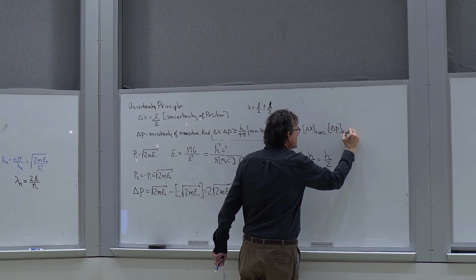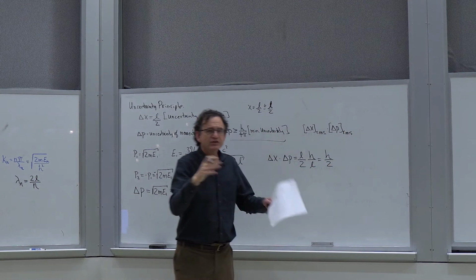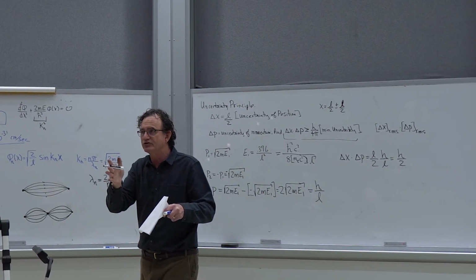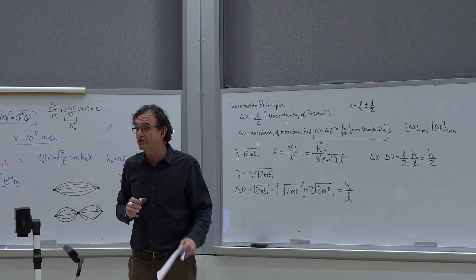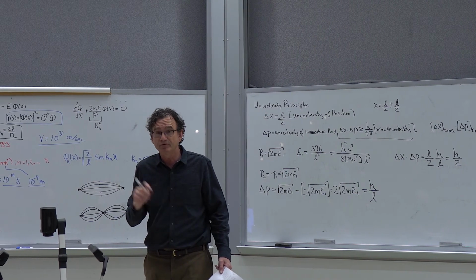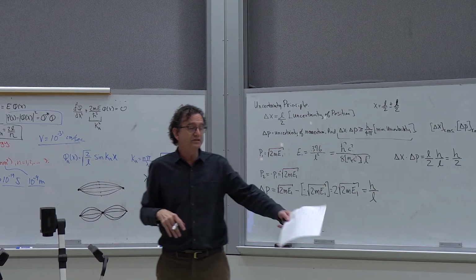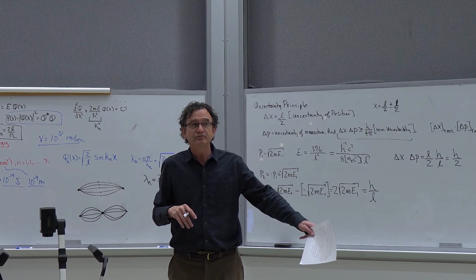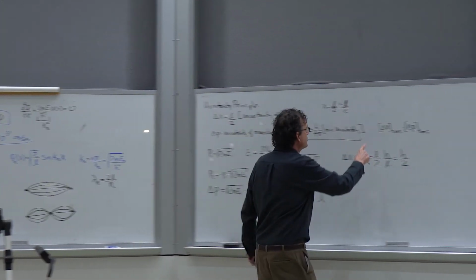Is everyone familiar with the idea that if I have a group of measurements of a quantity, I can calculate the average and the standard deviation? I want to measure the length of this table, I do it 100 times, I get an average value and I get a standard deviation. Right? This is the standard deviation.